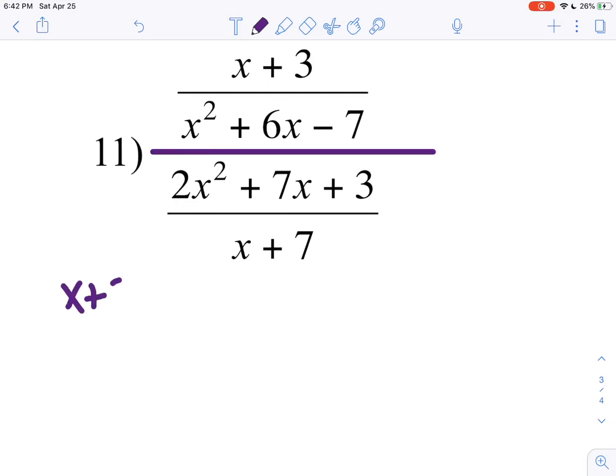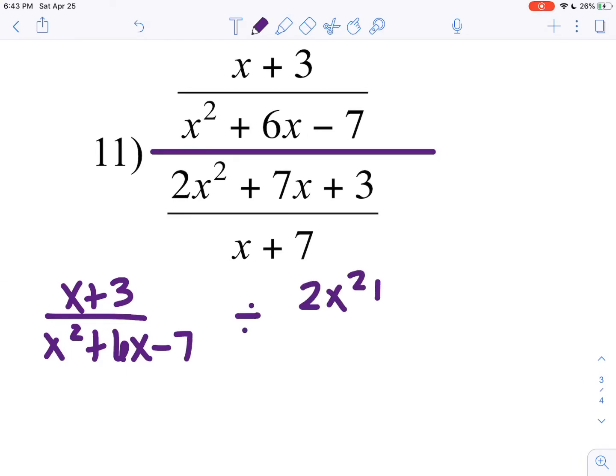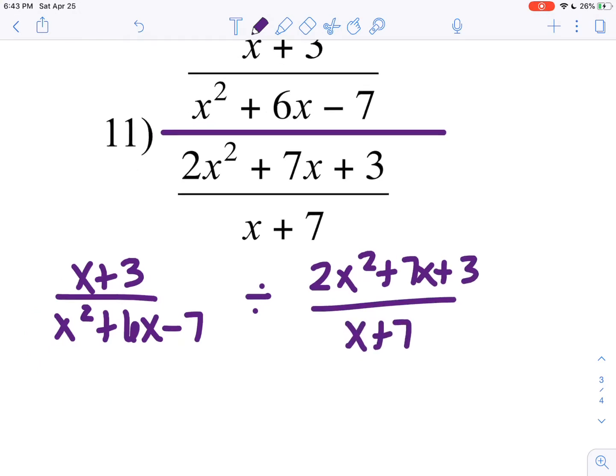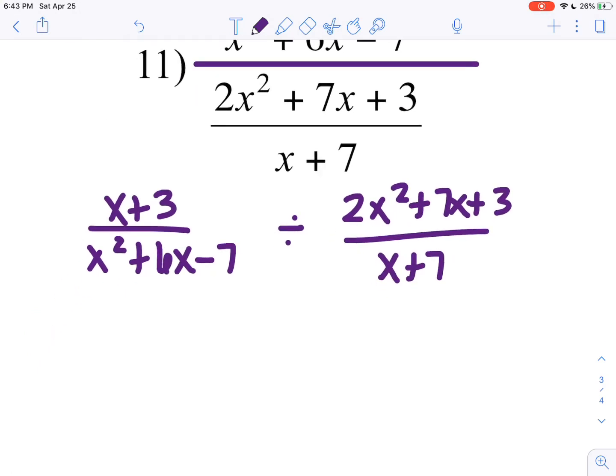So I have x plus 3 over x squared plus 6x minus 7 divided by, write it from top to bottom, 2x squared plus 7x plus 3... over x plus 7. Okay, now I'm going to keep, change, flip. I'm going to factor as I go, so I have fewer steps to do when I'm simplifying.